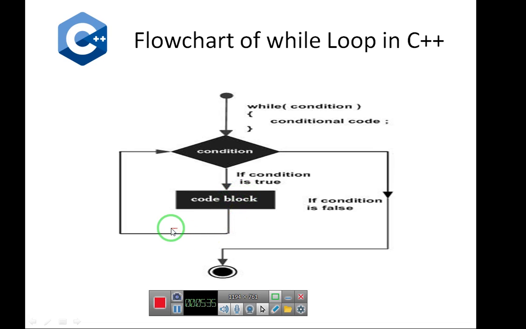Then our integer value will be updated and then goes to the condition. If it is true, then the code block will be executed and the process goes on until the condition becomes false. If the condition becomes false, we will be out of the loop body and we will then proceed to the next statement after that loop.